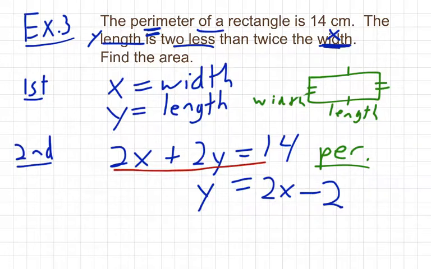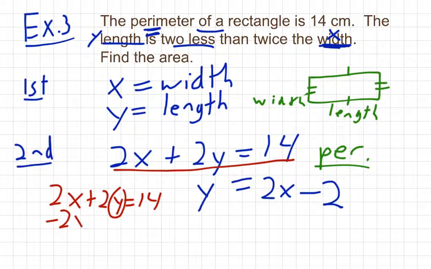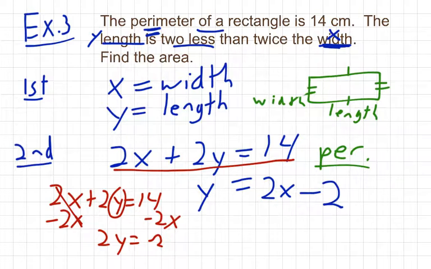So that first one I'm going to do a little something to. So 2x plus 2y equals 14. I need to get y by itself. So if I subtract the 2x from both sides, I get 2y equals negative 2x plus 14, because that's a positive 14.